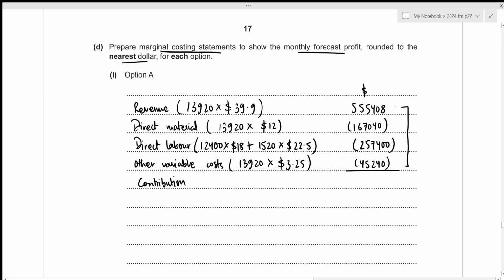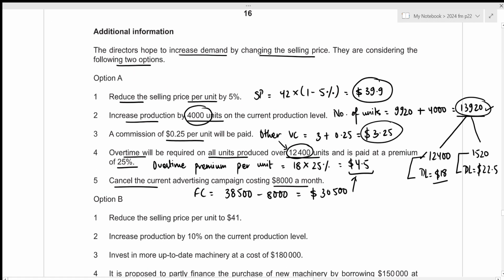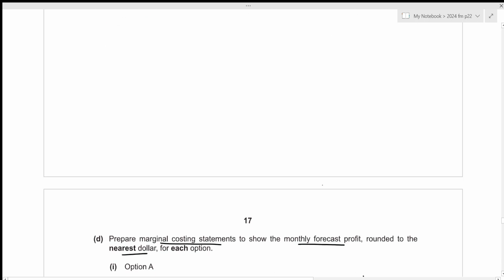So that is going to be 555,408 minus 167,040 minus 257,400 minus 45,240, which results in 85,728. Now we need to subtract the fixed costs. And the fixed cost given in this case, so we recalculated it again to be of 30,500.